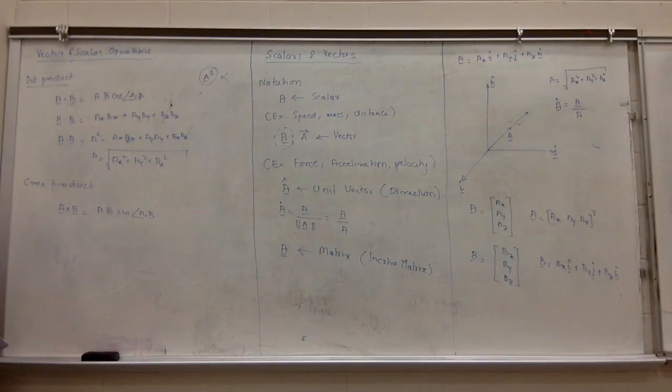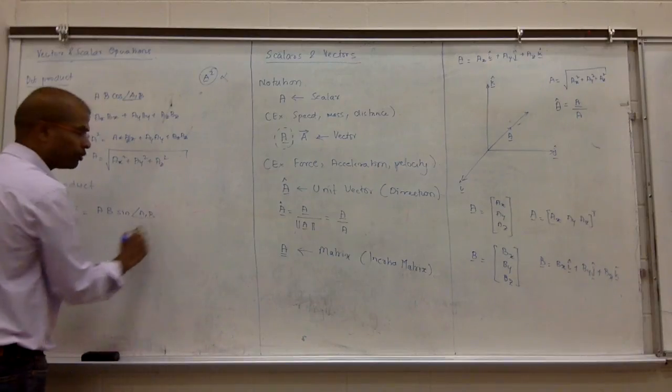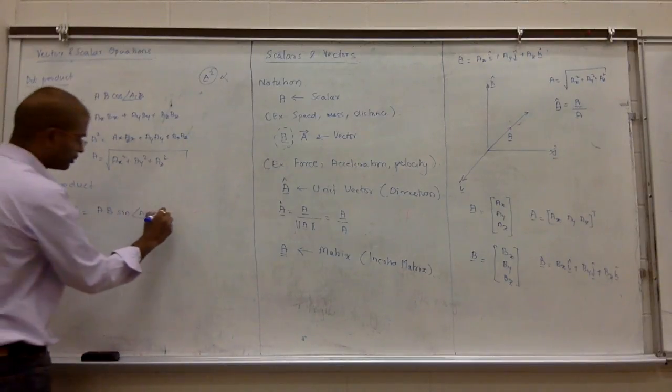You see it? So this A cross B is AB sine, you remember this definition? And you need a vector which is perpendicular to A and B. When you take the cross product it will result in a vector. Got it?